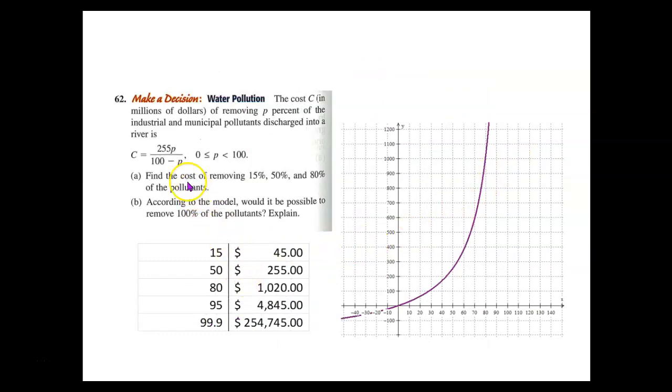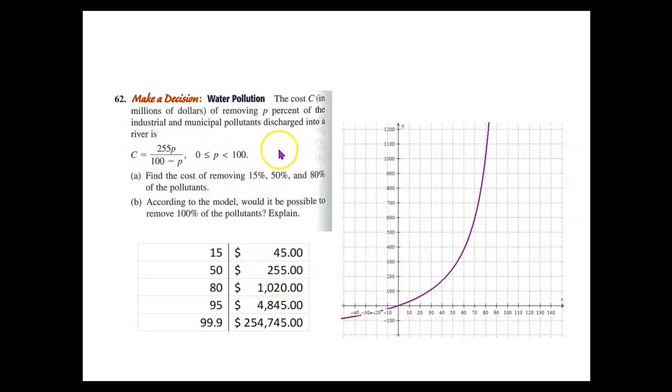So if we plug in 15, we get out 45. That means that the cost of removing 15% of the pollutants is 45, and C is in millions of dollars, so $45 million. Plug in 50, and we get 255.